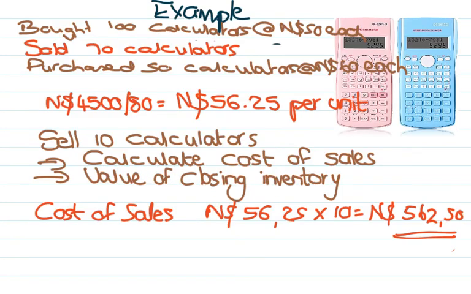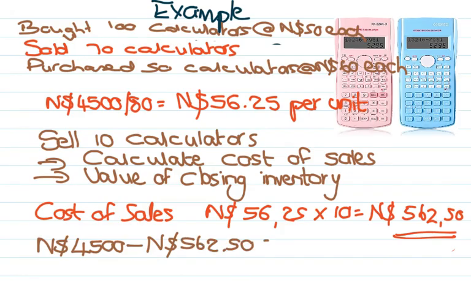Alright, then the second requirement, what is the value of my closing stock? Alright, the value of my closing stock was 4,500, and now I sold, or I took out of my stock 562.50. So now I have left, let me just do this calculation.